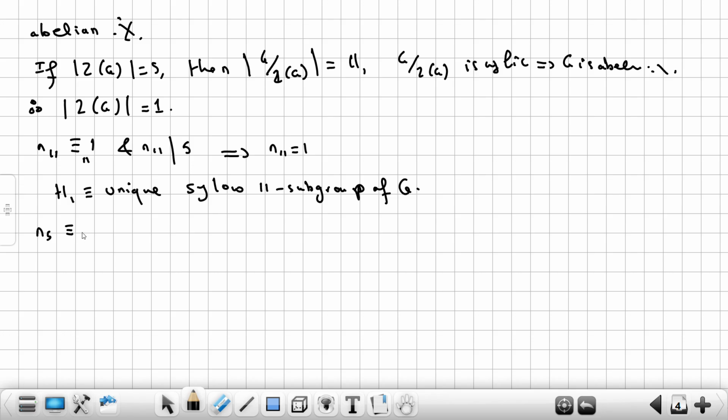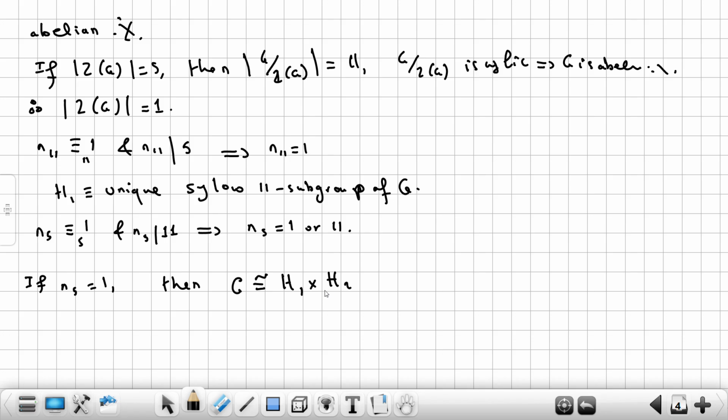Now n5 is congruent to 1 modulo 5, and n5 divides 11. So n5 is equal to 1 or 11. If n5 is equal to 1, then we can write G is isomorphic to H1 times H2, where H1 and H2 are two abelian groups, implying that G is abelian, which is a contradiction.